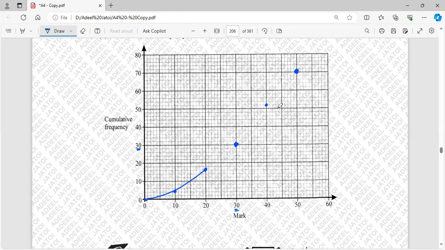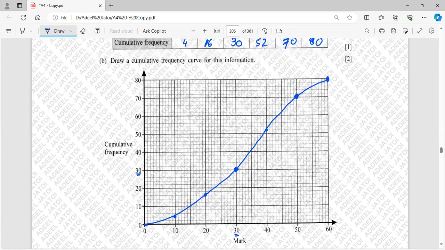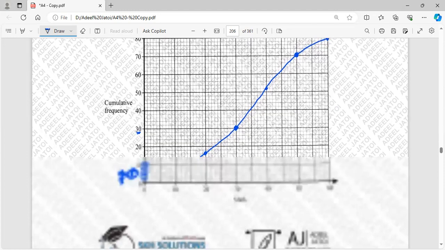It will be a curve joining down the points that are there. So this is your cumulative frequency curve that you have plotted and drawn. So draw the cumulative frequency curve for this information. This was part B for this particular question.